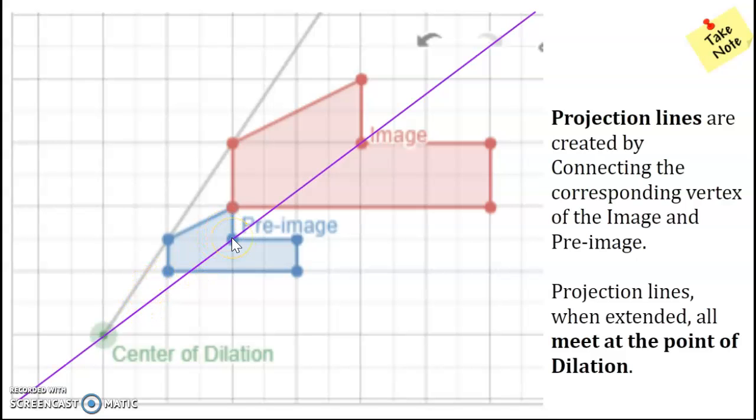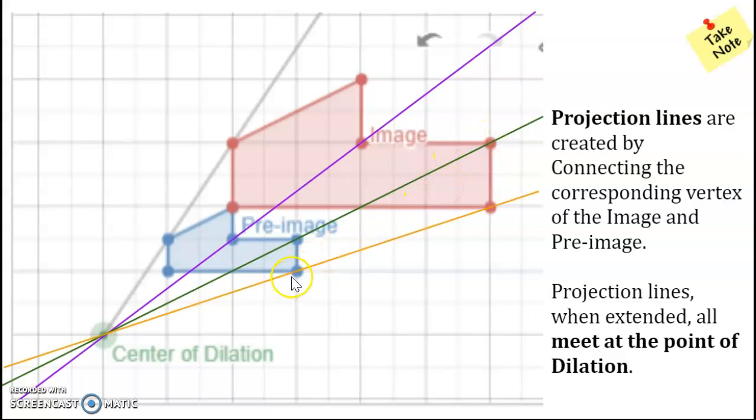I know that this vertex corresponds to this vertex in the image, and likewise this vertex in the pre-image corresponds with this point, and this vertex corresponds with this.